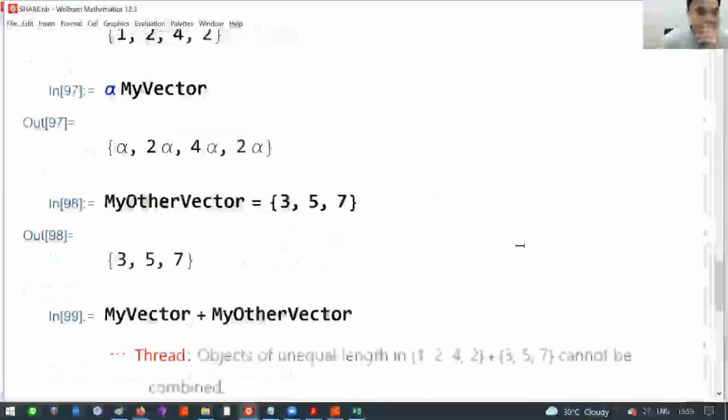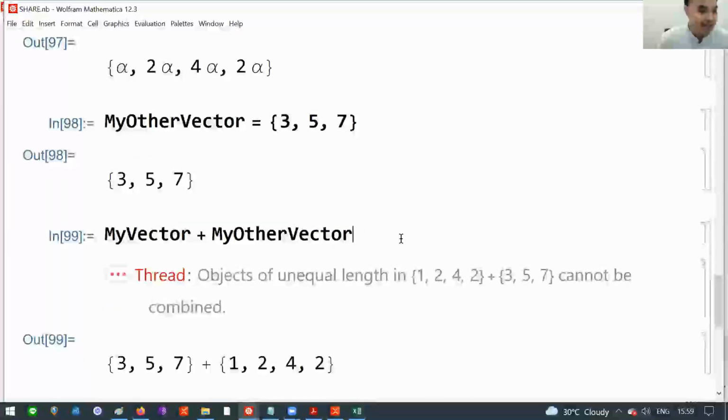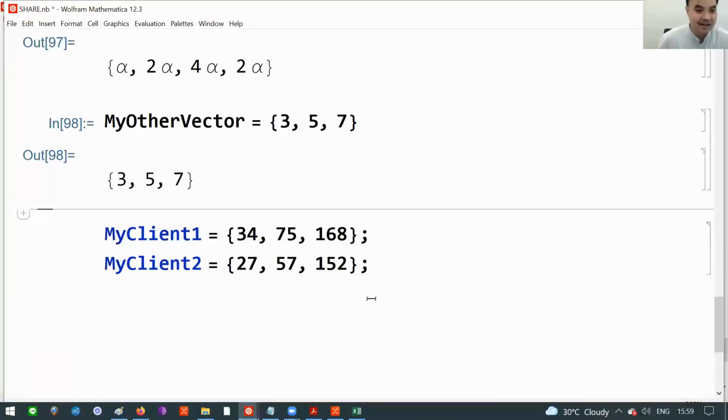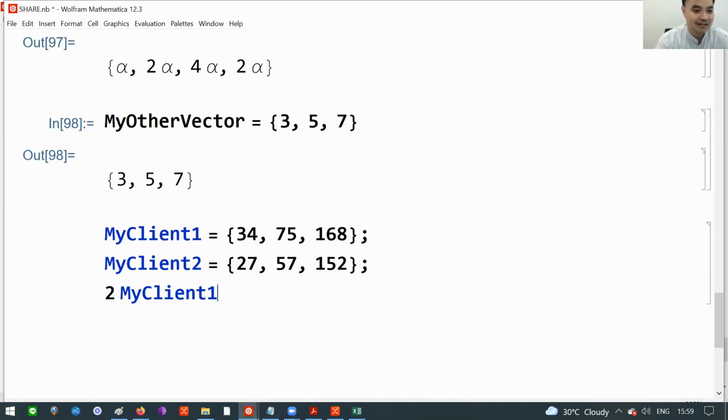So I can't do this, right? It's like a different kind of animal. But this you can do. So what can you do? If I have 2 of my client 1, I can do that. I can set my client 1 minus 3 of my client 2.